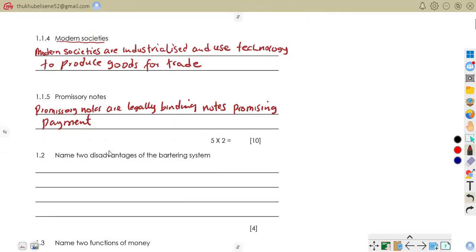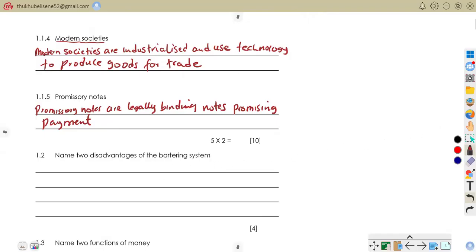What it means is that a promissory note is a written promise to pay someone else an amount by a certain date. For example, a buyer signs a note promising to pay 2,000 in 30 days. That's what it means with the promissory note. That is a written promise to pay someone.